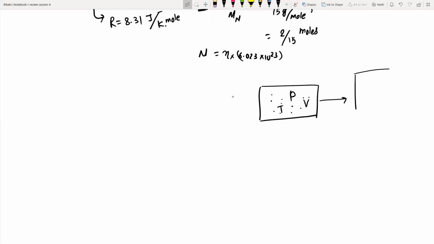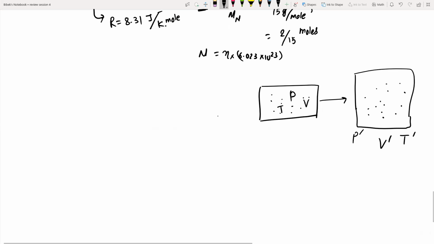So you'll have a P prime, V prime volume, and T prime temperature because the volume is changing. So how do you find the final volume, pressure, or temperature if you know the initial ones? You just use the ideal gas equation.